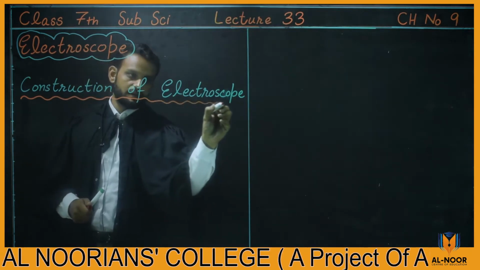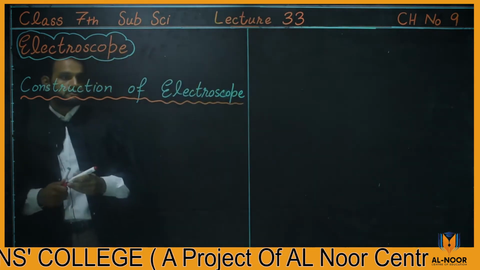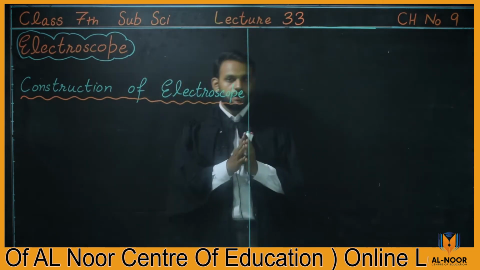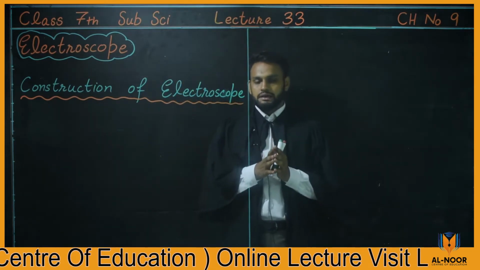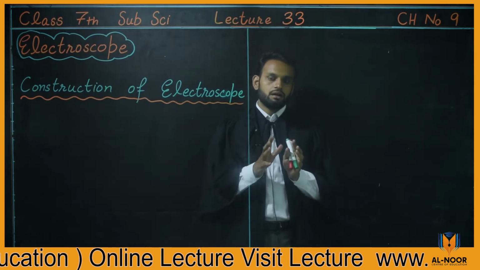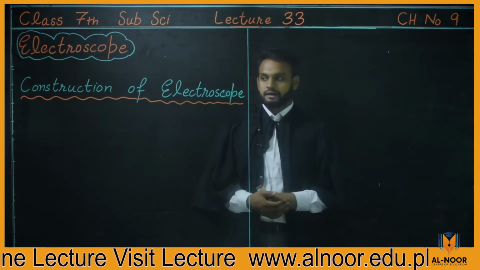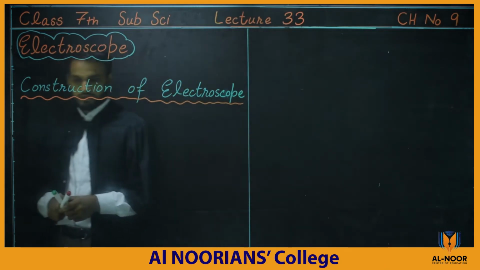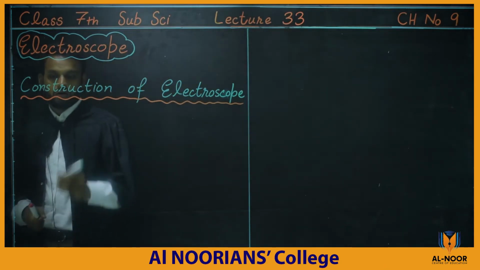Basically our topic is construction of electroscope. So first of all we need a material to construct an electroscope. So here we write the heading of material.